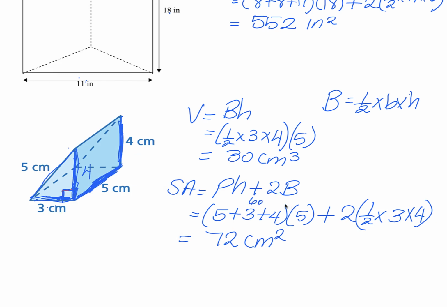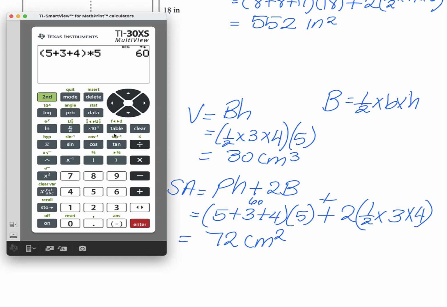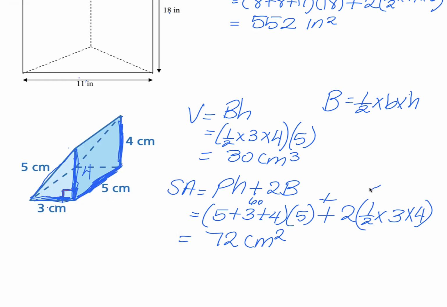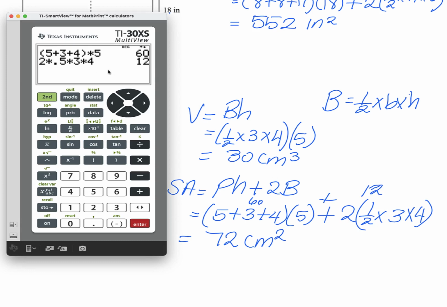Let's put that here, 60 plus, and then we have 2 times 0.5 times 3 times 4. That is 12. And finally, you have the numbers there. So you could hit add. Now when you hit add, you see answer. That answer is the 12. You just have to add the 60. You get 72. So it's up to you how you place them in the calculator.